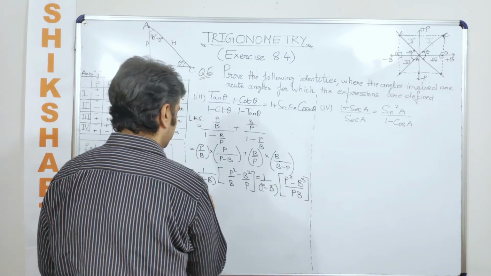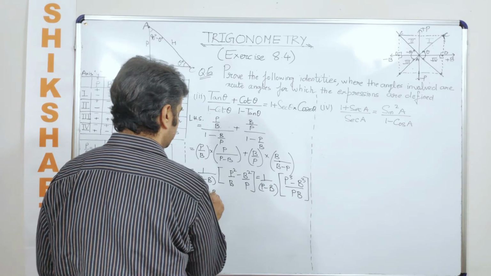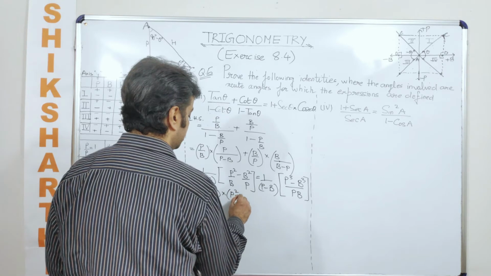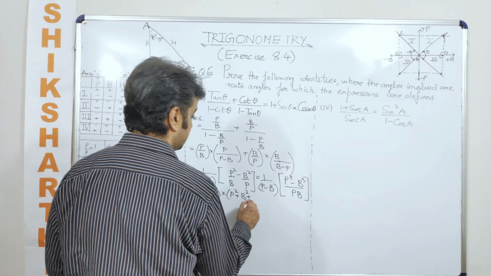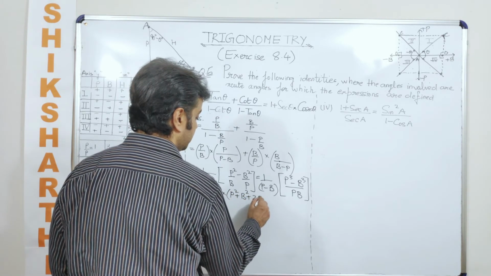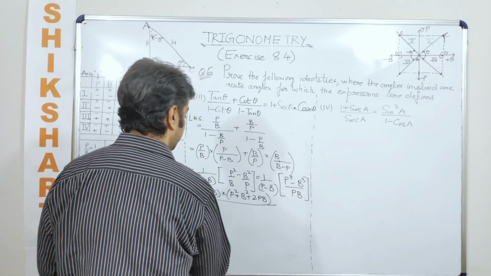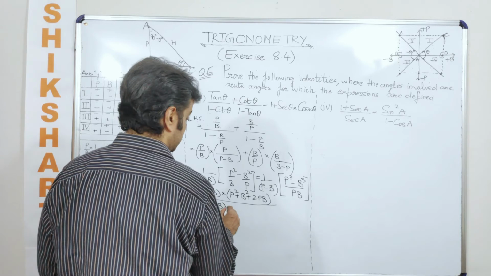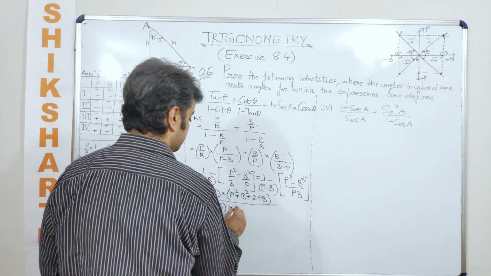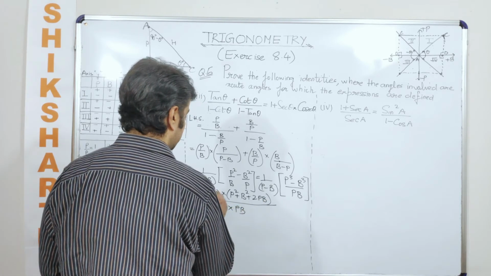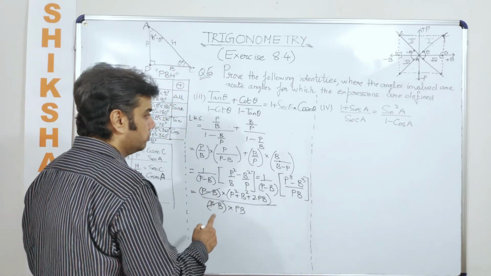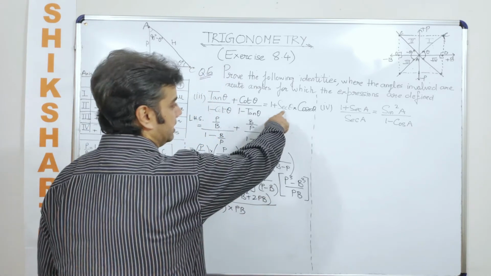Now when I expand p cube minus b cube, I will say p cube minus b cube is equal to p minus b into p square plus b square plus 2pb divided by p minus b into pb. So this gets cancelled out and eventually you'll write it like, now before you go ahead, you know that sec theta.